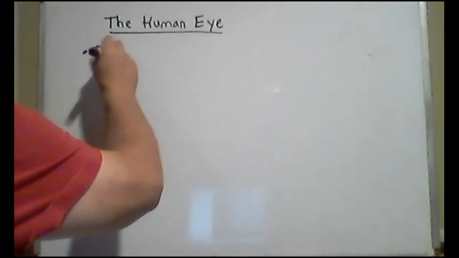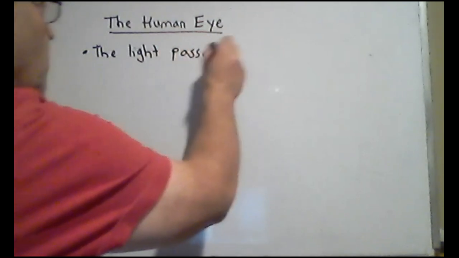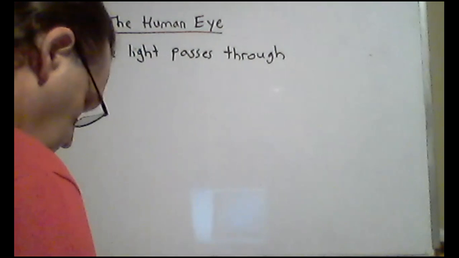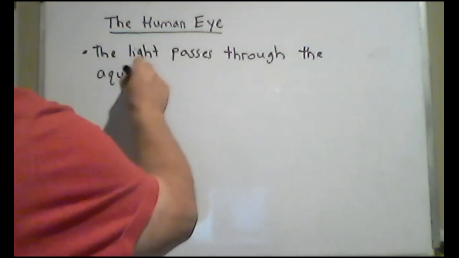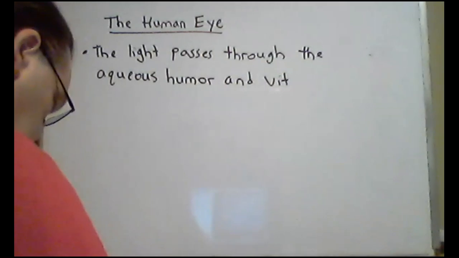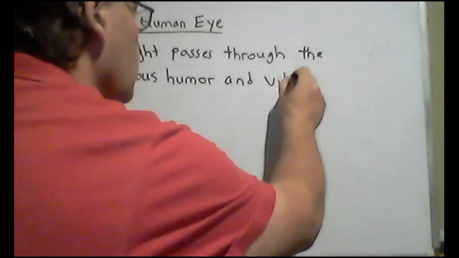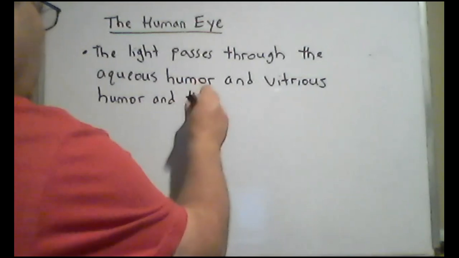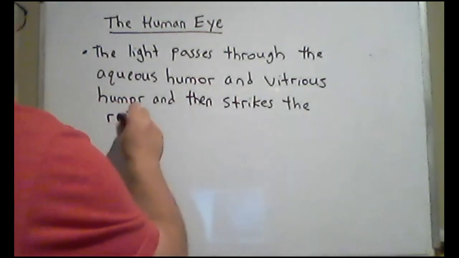So the light, or the information, passes through the aqueous humor and vitreous humor, and then strikes the retina in the back of the eye.